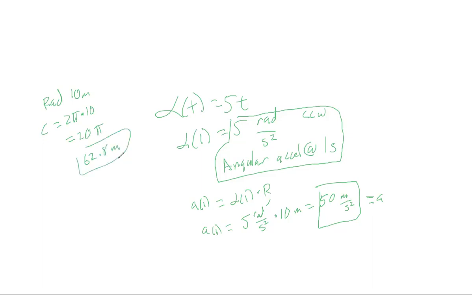So the circumference is more than 60 meters, and we're at an acceleration where our velocity is changing by 50 meters per second. It's adding every second. And so I'm speeding up pretty fast here, is the whole point. I would not be able to hang on to this merry-go-round.